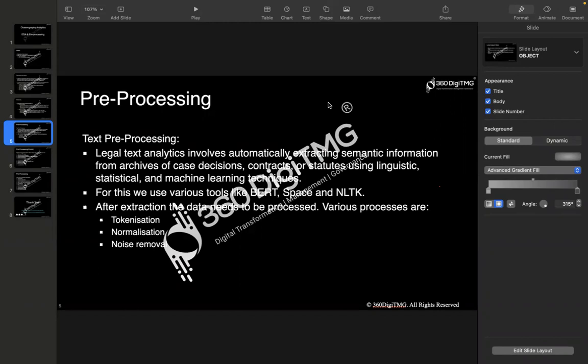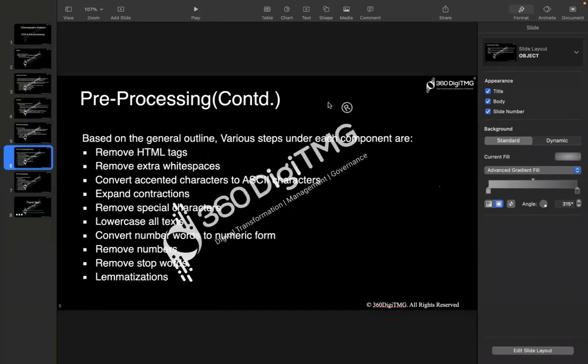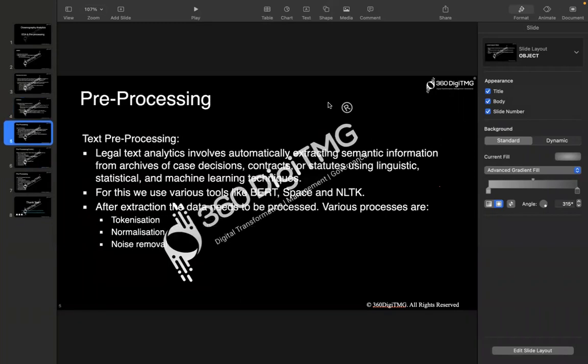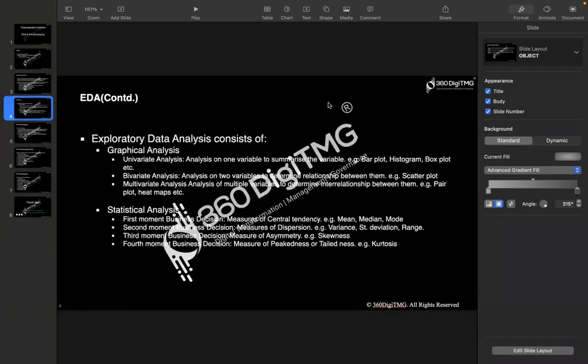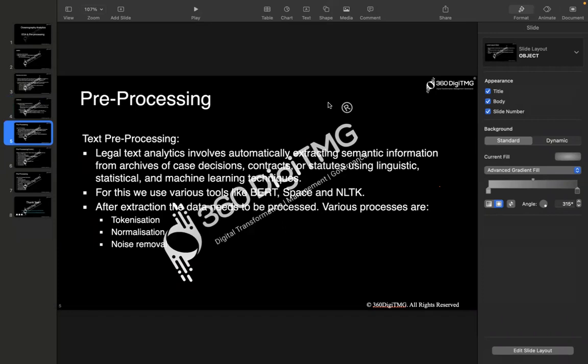Legal text analytics involves automatically extracting segmentation information from the archives of case decisions and converting the statute. For this, we use various tools like BERT, spaCy and NLTK. After extraction, the data set needs to be processed. The various processes are tokenization, normalization, and noise removal.